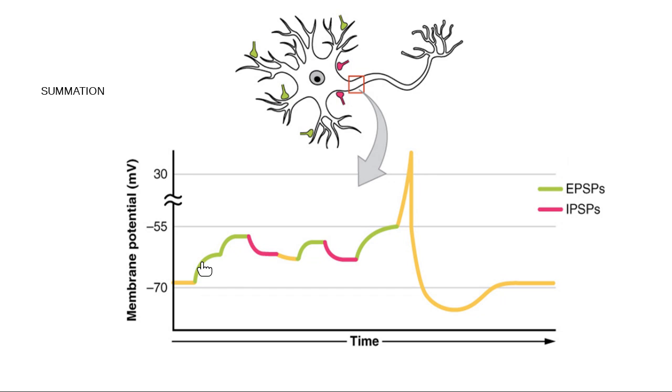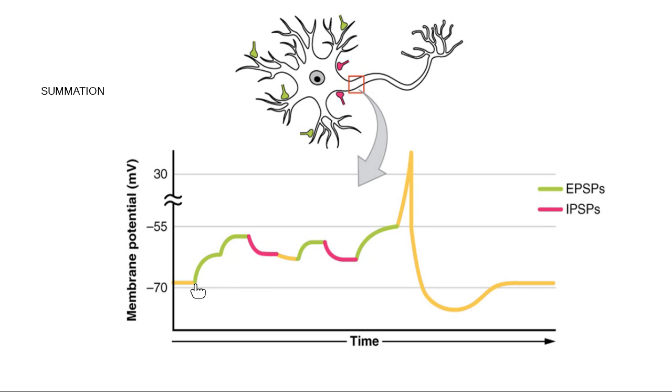Summation, where we add together some positive messages, shown in green, with some negative messages, shown here in red. When we talk about positive messages, EPSPs, these are excitatory. So excitatory messages make the membrane charge go up.